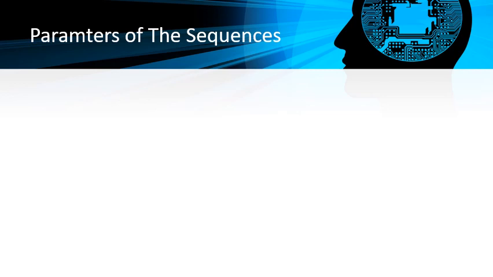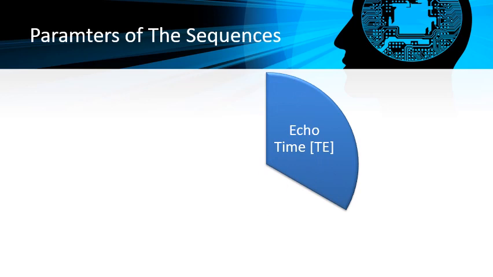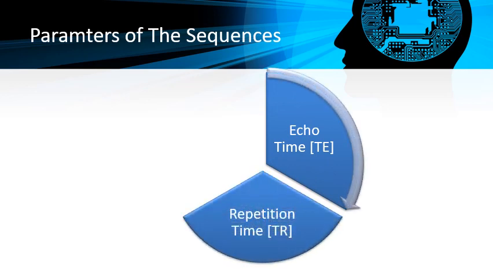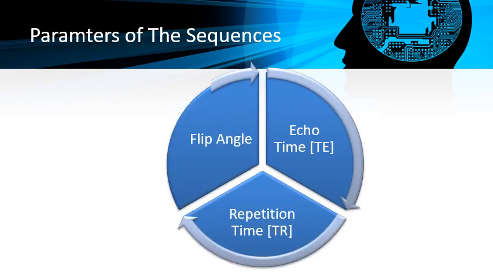Each family, either spin echo or gradient sequence, has three main parameters. The first is the echo time, the second is the repetition time, and the third is the flip angle. Echo time and repetition time are represented in milliseconds, while the flip angle is represented in degrees.